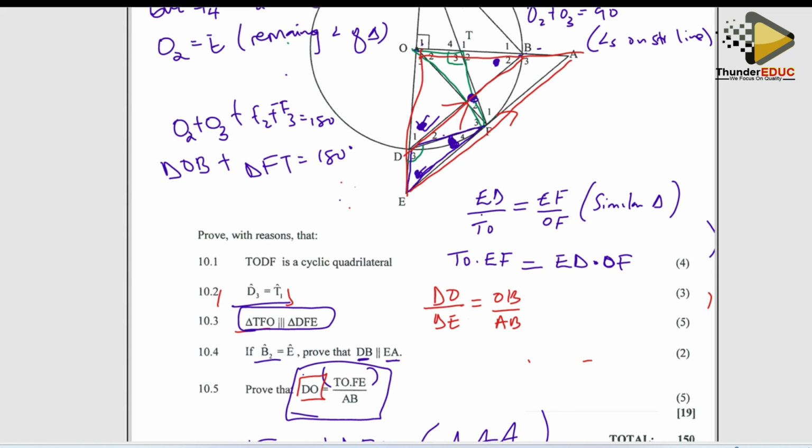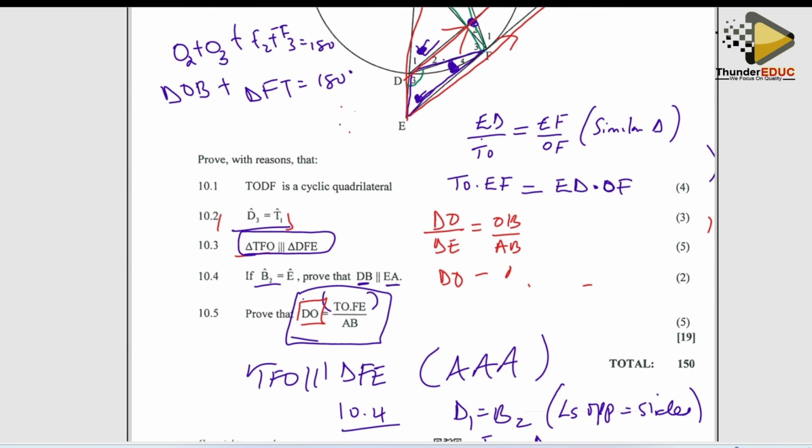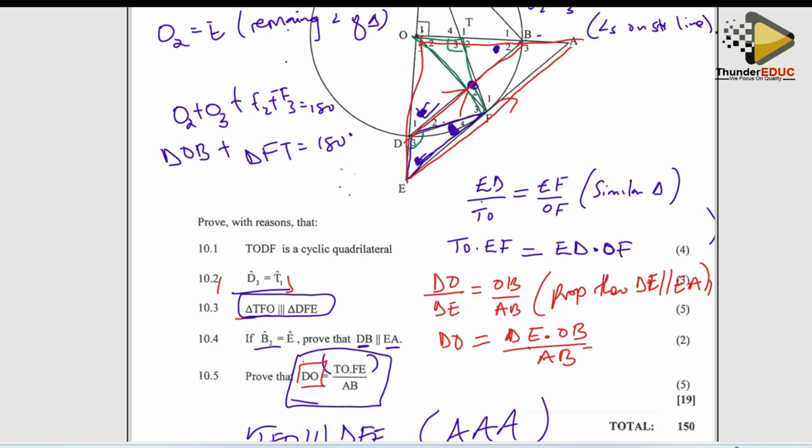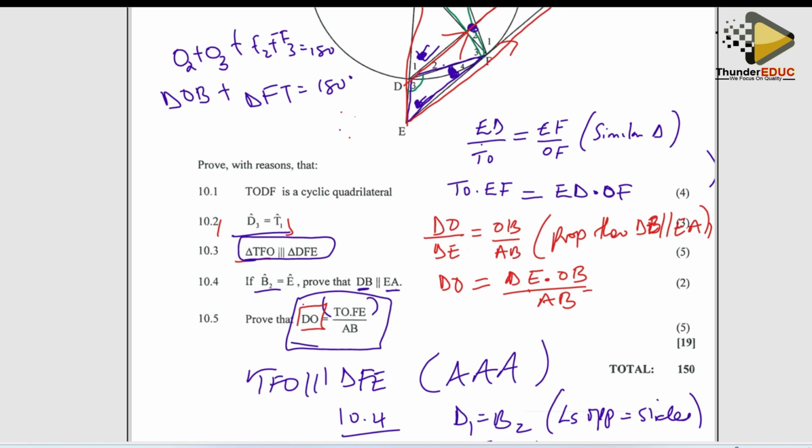So if I make DO the subject, I'll be left with DE multiplied by OB over AB. The reason for this, we're going to say proportionality theorem, because DE is parallel to EA. It's DB parallel to EA.